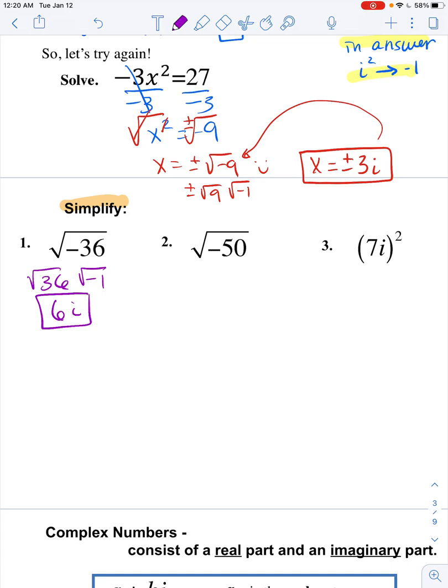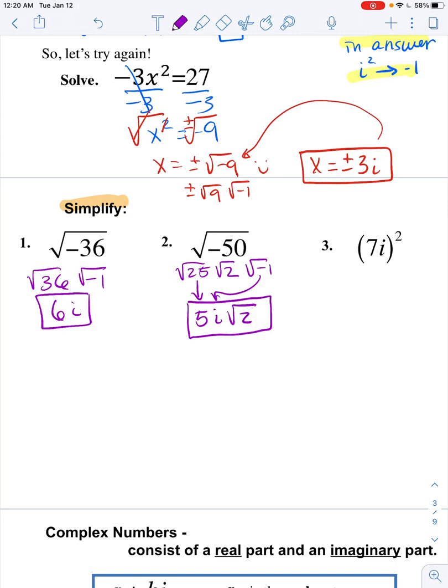Here, 50 is not a perfect square, so I start thinking, okay, well, that's going to give me 25 times 2, but then I also have a negative. This will come out as a 5. This will come out as an i, and then the only thing stuck under the radical is the 2.